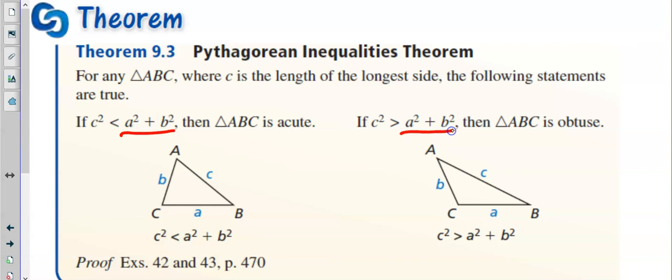If the legs squared and added together are less than the longest side squared, then it is an obtuse triangle. So we're not looking at right angles, obviously, but we have this comparative situation where we have to add the numbers up and see what we get.